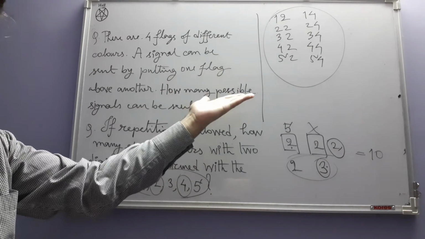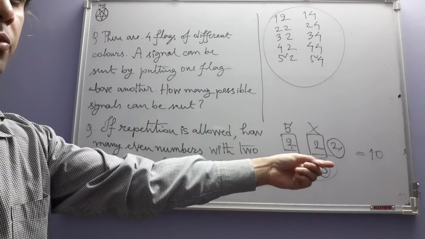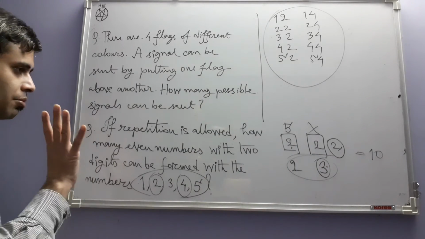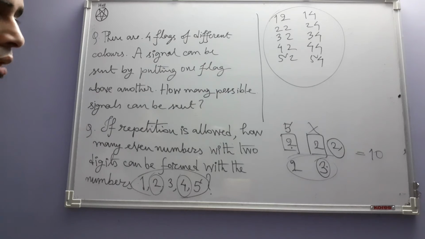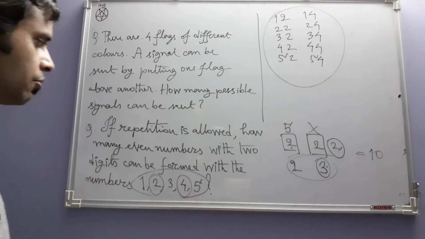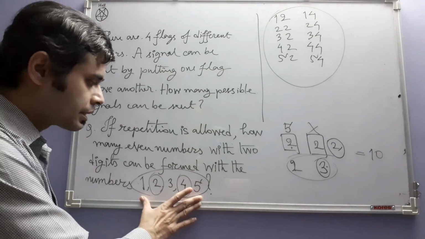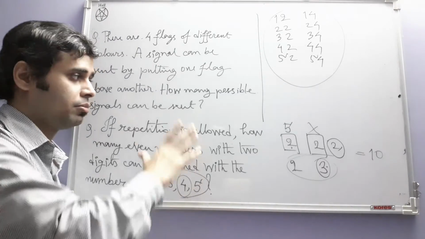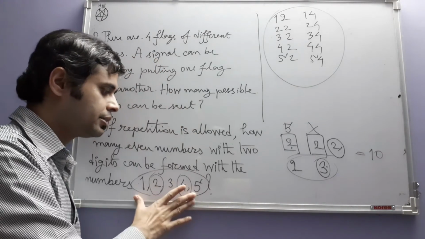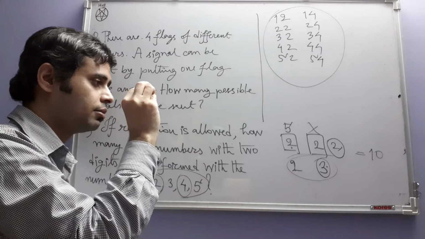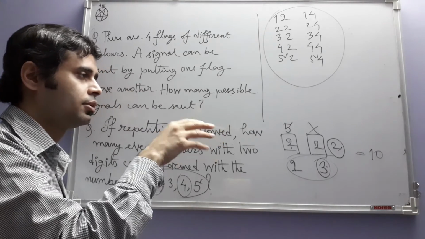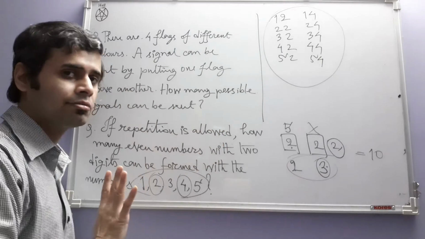See, they are 10 in number. That's what we found. So this problem has also been solved where repetition is allowed. Okay, still the objects are distinct. In spite of having distinct objects, there is the case of having repetitions or not having repetitions.